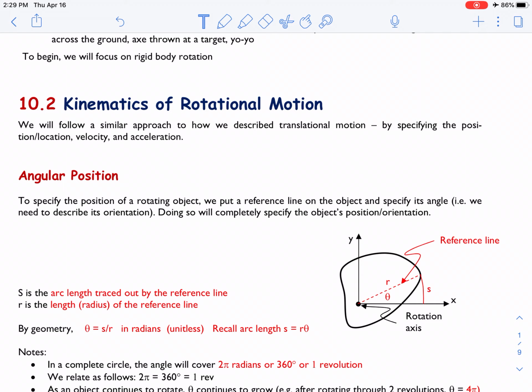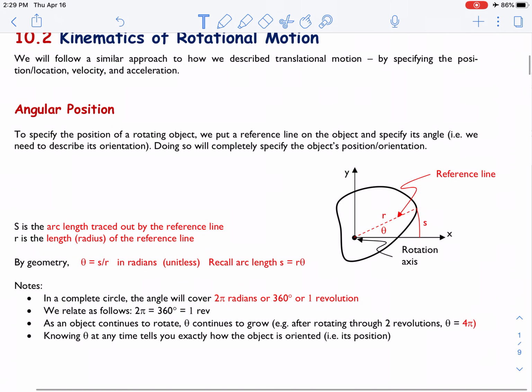So you'll follow a similar approach to how we describe translational motion, by specifying the position, velocity and acceleration. Those were the descriptors of the motion. There still are. So instead of just labeling them like that, we're just going to add the word angular before them to make it for rotational, and we'll see how else we're going to change things.